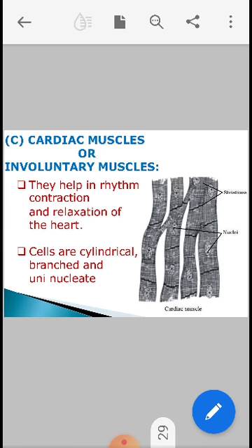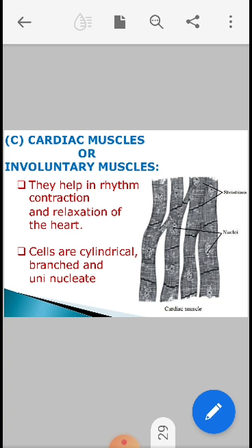The third type of muscles are the cardiac muscles or involuntary muscles. They help in the rhythmic contraction and relaxation of the heart. So the rhythm that we hear, the lub dub, when the muscles contract and when they relax, that rhythm takes place in our heartbeat.